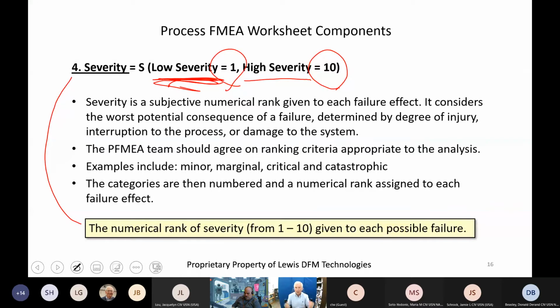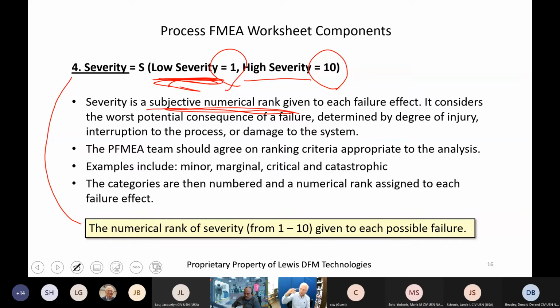So you can see now is our first opportunity that we rate the severity. And it's really a subjective numerical rank. So what's a subjective numerical rank? It means Mike Lewis's determination of the severity of this process potentially being severe is Mike Lewis's opinion. If I have 5 people on my team and we all have a discussion about what's the agreed upon severity of this issue that we're looking at, a potential failure, we need to come to an agreement.